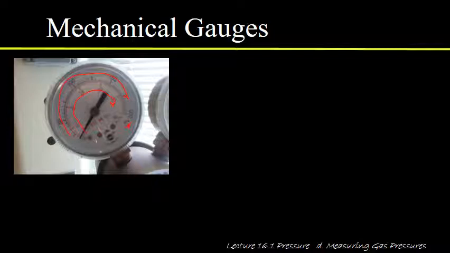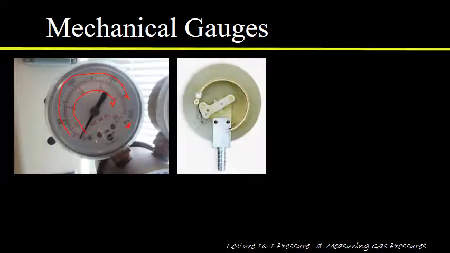That's pretty typical. But if you take this gauge here and unscrew it and look at all the guts in the back part of the gauge, what you'll see is something that looks like this. And this part right here is a hollow tube. It's made of brass or copper or something like that.